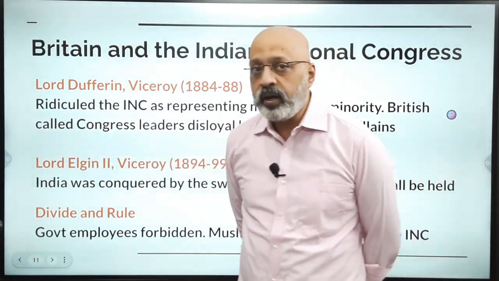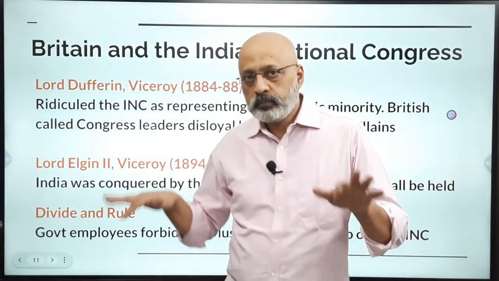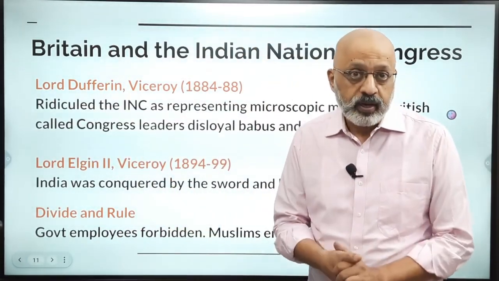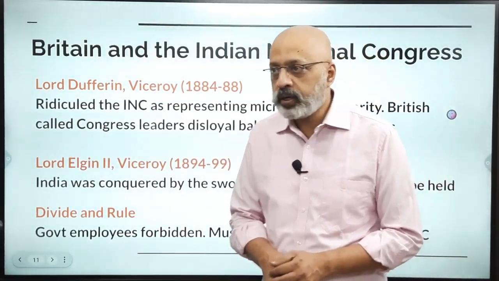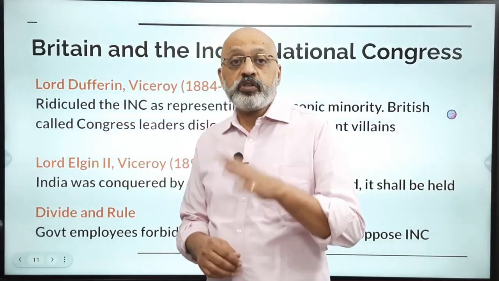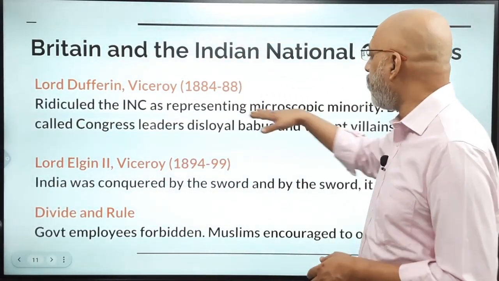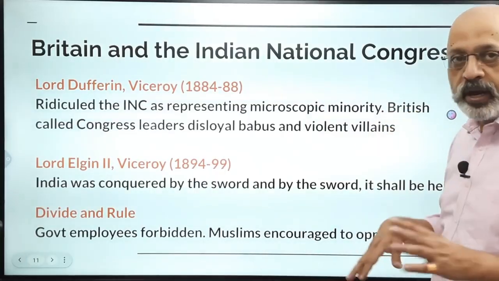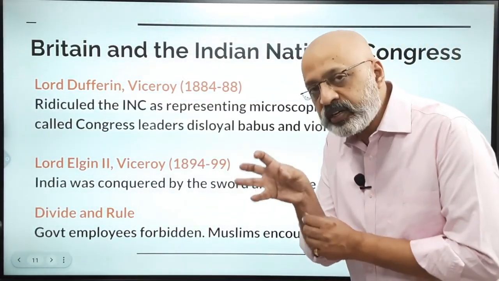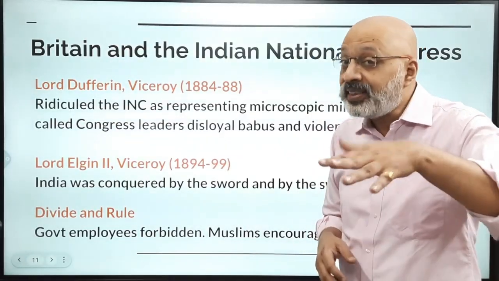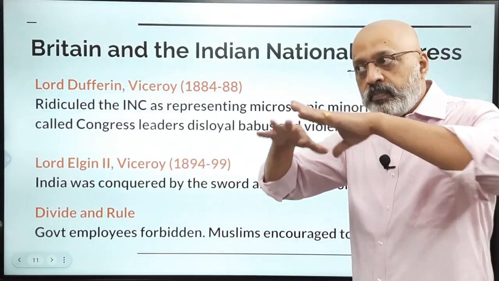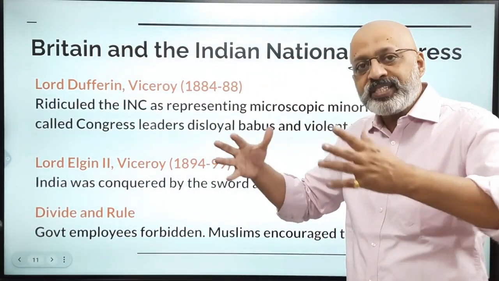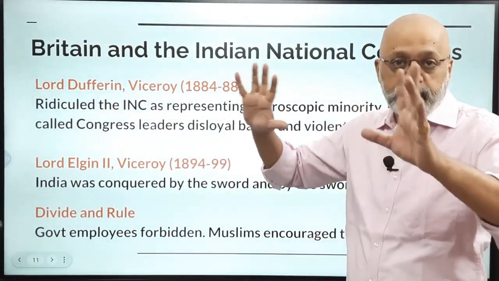But 2 साल में रिश्ते बिगड़ गए, relations soured, and Lord Dufferin in 1887 thought that the Indian National Congress was representing only a microscopic minority. Microscopic minority means it is representing only a very few people, which is in that sense not entirely untrue, because as I said, the moderates were essentially urban middle class professionals, right?